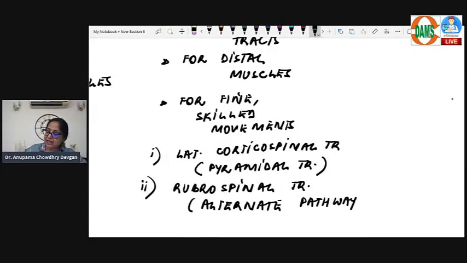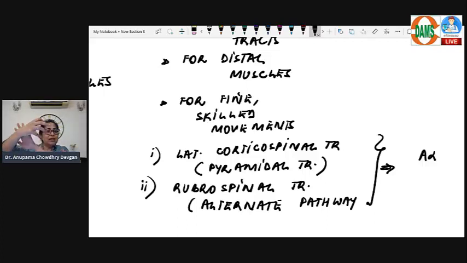If you look at these two tracts, they control the A alpha motor neurons, especially of the flexors, and especially of the upper limb flexors, because which are the muscles involved in fine skilled movement?